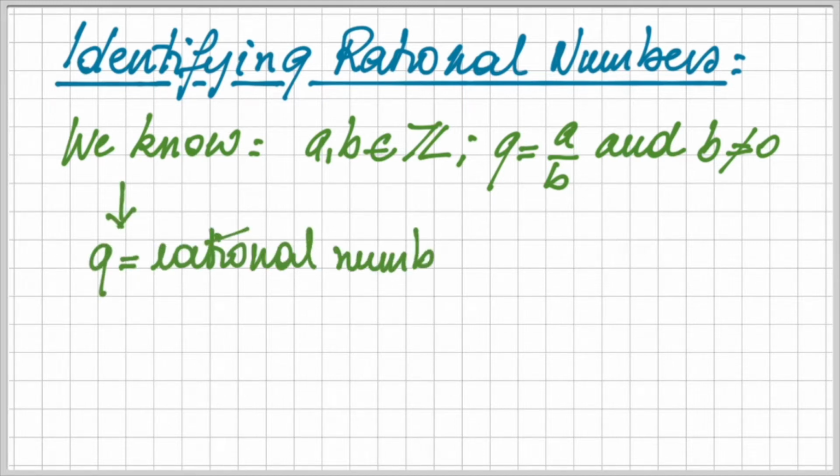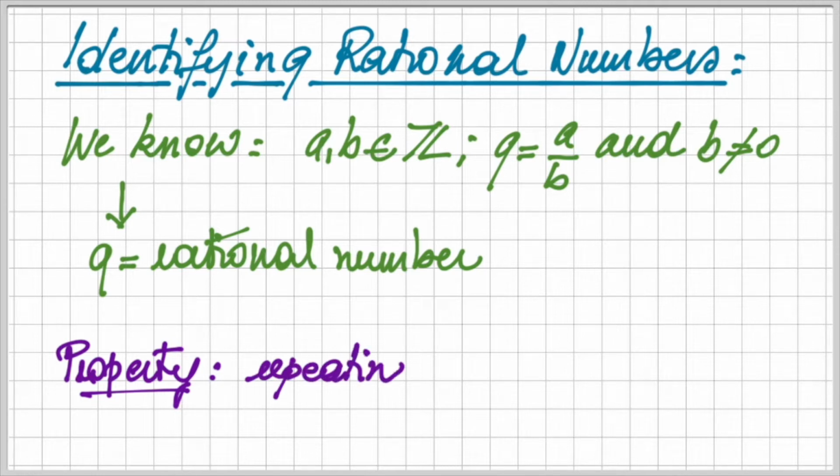Now, when we look at a rational number q, we also have a very important property, which is that a rational number has a number of repeating decimals. And those repeating decimals are very important because when we see a number and we can identify repeating decimals, we know for sure that we are dealing with a rational number.